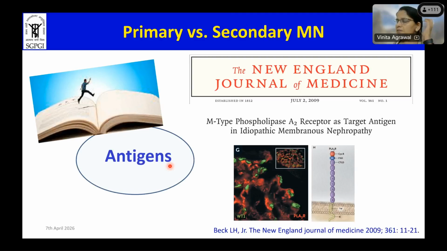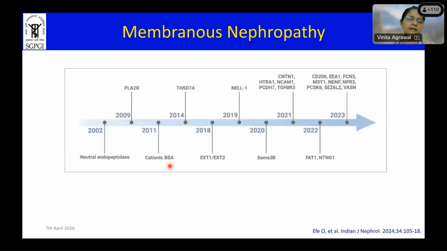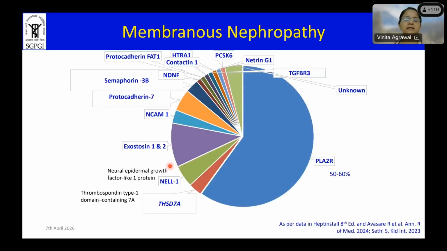So now we look at it in all our biopsies which have a membranous-like pattern. And now apart from PLA2R, there are a large number of other antigens which can be stained on the renal biopsy to look at what is the pathogenesis causing this membranous pattern to appear.